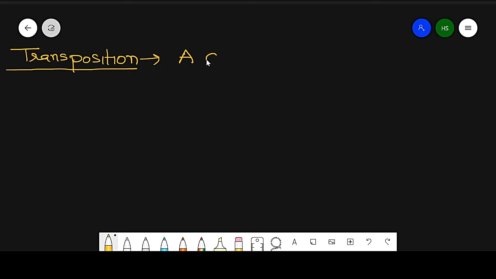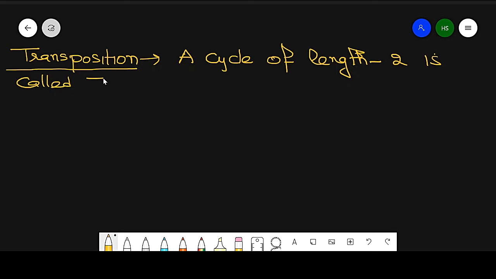A cycle of length 2 is called a transposition.